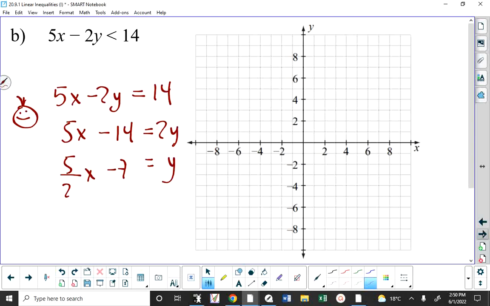The slope is 5 over 2. The y-intercept is negative 7. Negative 7 is where it crosses the y-axis. If the slope is 5/2, it goes over 2 and up 5. Over 2 and up 5.